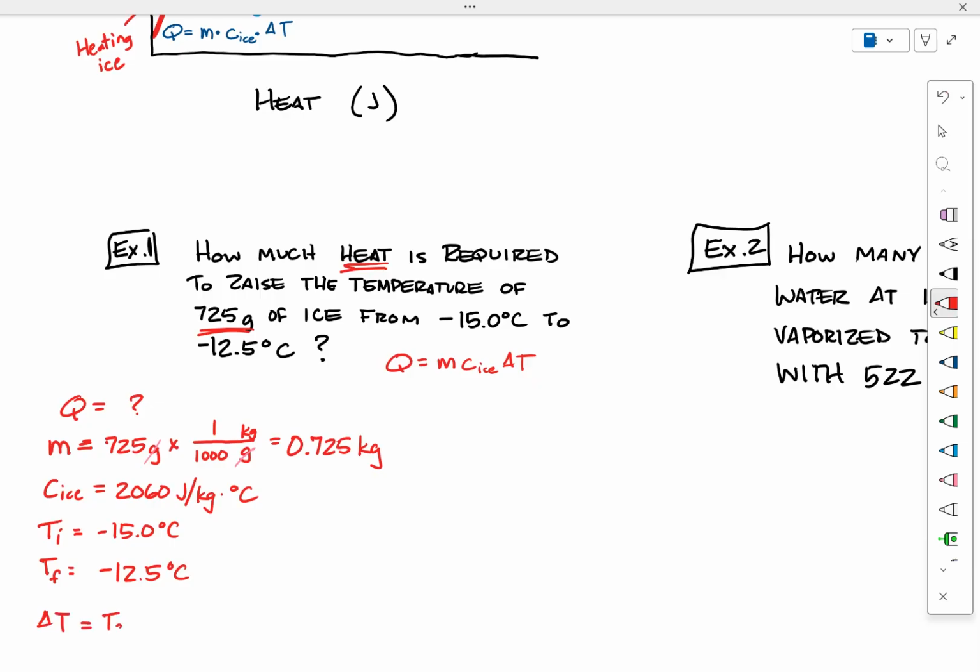Delta T is T final minus T initial. In other words, minus 12.5 degrees Celsius minus negative 15 degrees Celsius. So that's the same as saying minus 12.5 plus 15. And that would give me a positive 2.5 degrees Celsius. The temperature is increasing, so it has a positive sign.